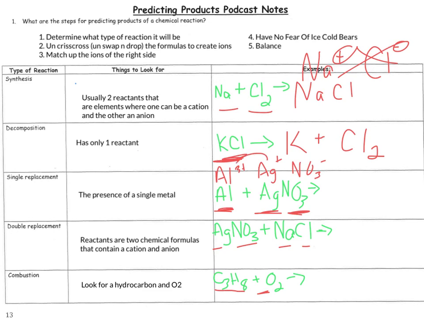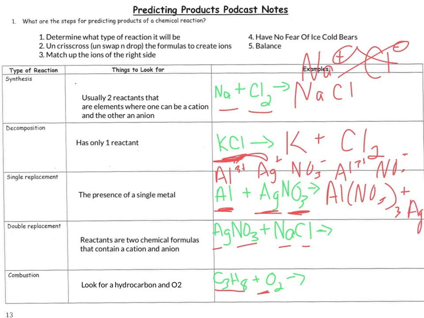So I'm just going to swap out those metals, making aluminum with the positive 3 charge and nitrate with the negative 1 charge, crisscross, which will give me Al(NO3)3, and then all by itself I will have silver.